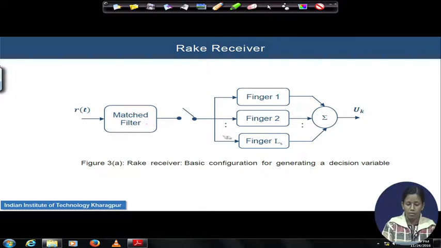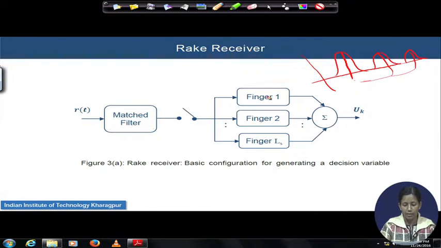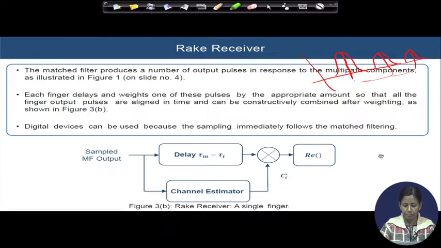Remember, the structure is such that the matched filter outputs, as in the first figure, will provide like this, and the fingers are coinciding, picking up the corresponding multipaths, having the typical delays associated with them.